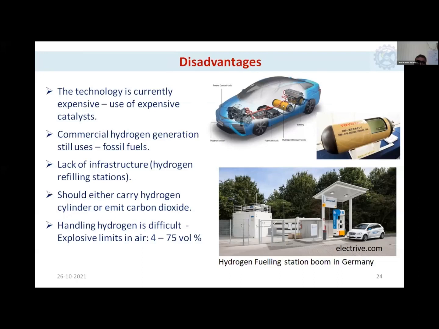So the safety issues are significant here. If we can effectively mitigate all these limitations, then hydrogen related technologies or fuel cell related technologies for transportation will be a good alternative for the current fossil fuel based transportation.